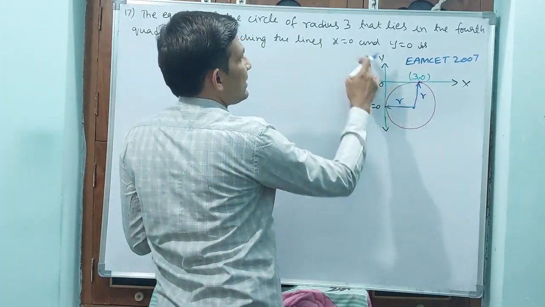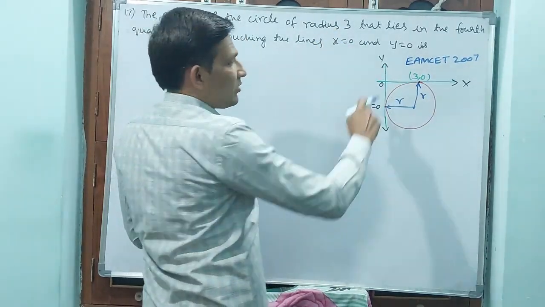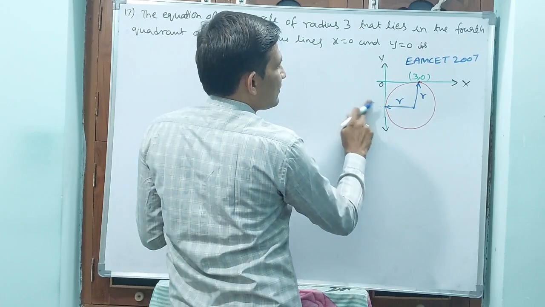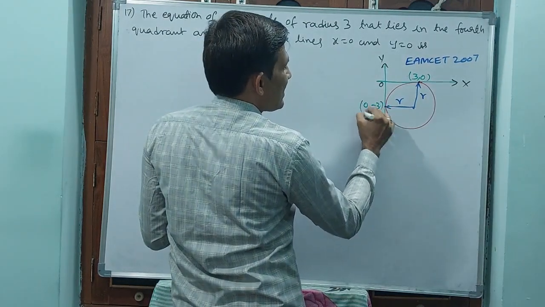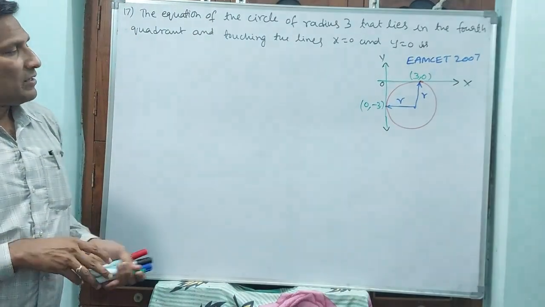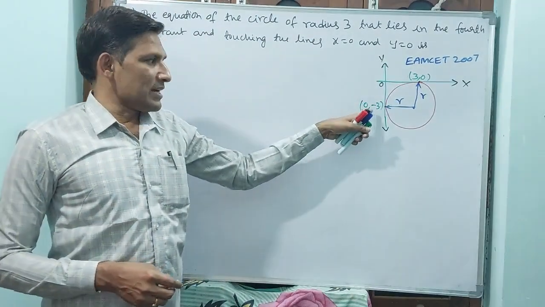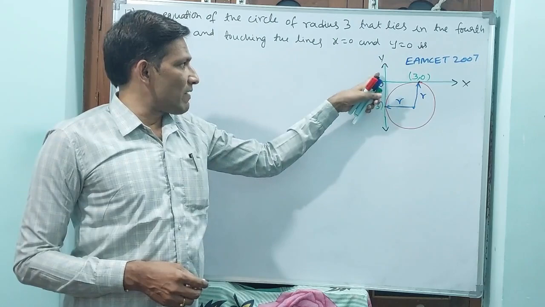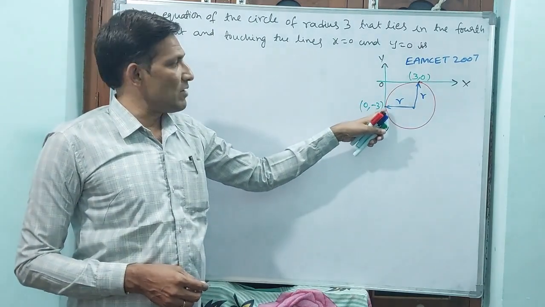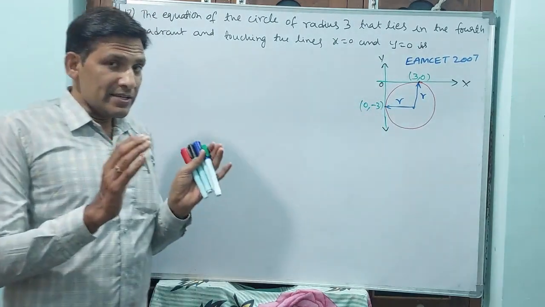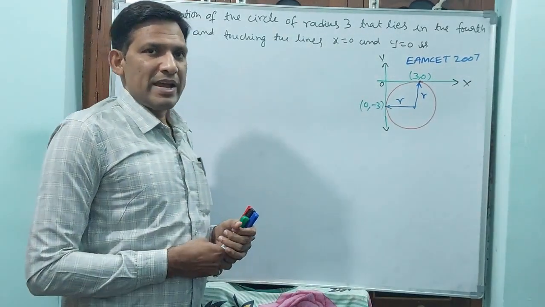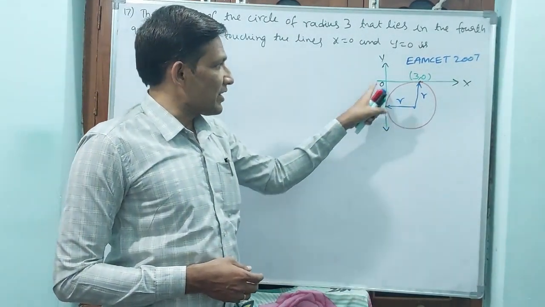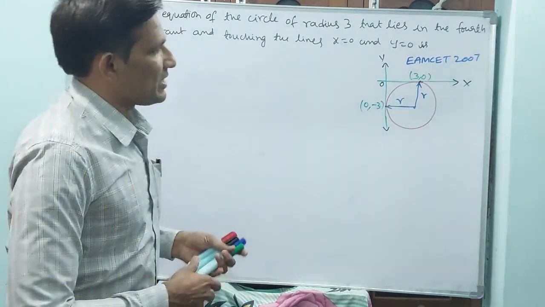They have clearly given that radius is 3. And this is minus 3, that is 0, minus 3, because x is 0 here, only the y coordinate is there, on the negative side. That is why you apply minus 3. Radius is a positive quantity, you cannot take radius as minus. Radius is 3, but in the negative coordinate, as I have mentioned, fourth quadrant.